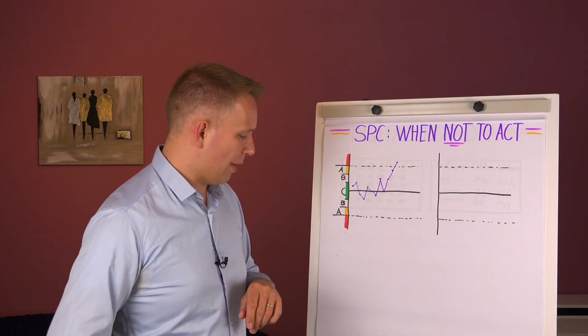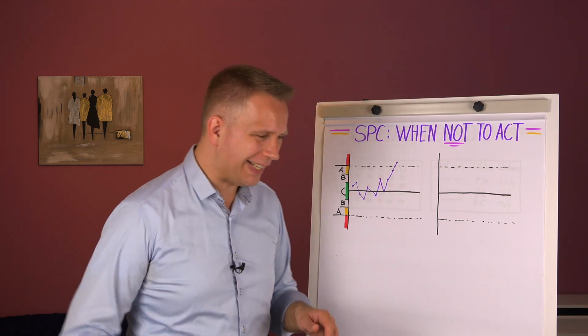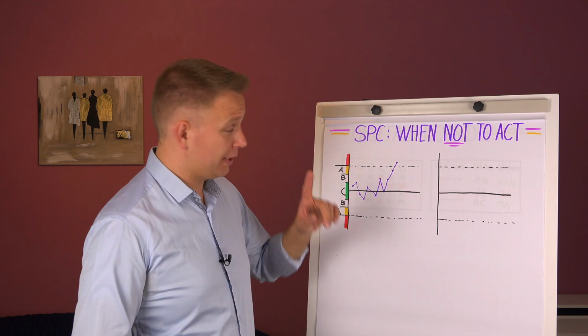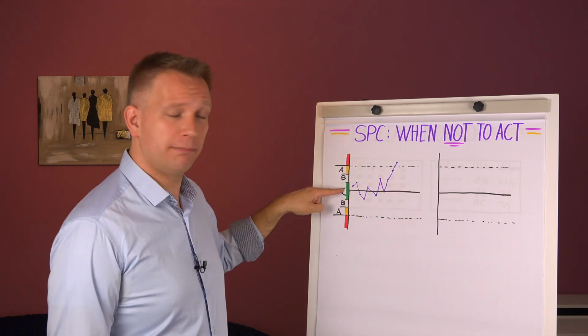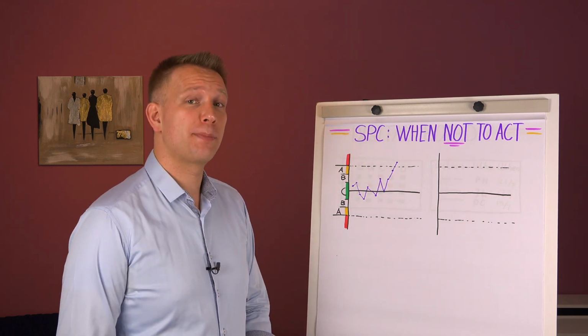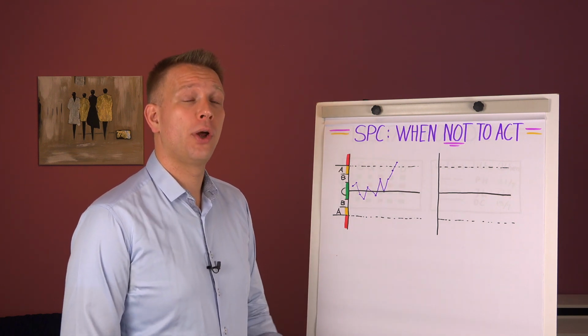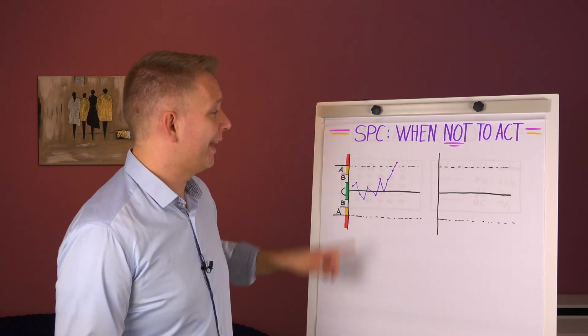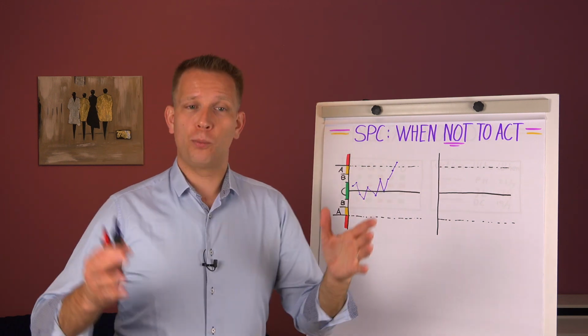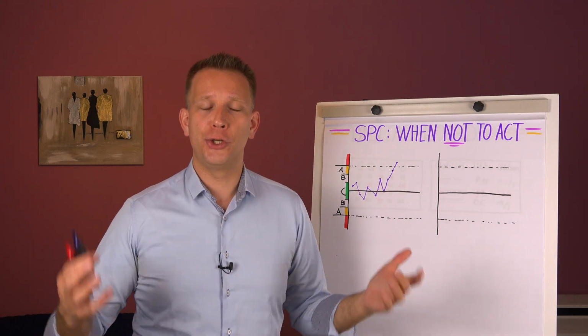Now, what I also promised is to go into specifications. See, these limits and even this center, they are not based on specifications. They are not what you would like your process to do. No, they are calculated from what your process is currently doing.